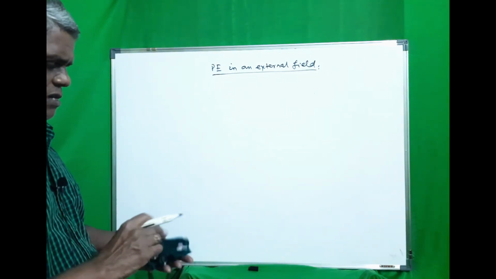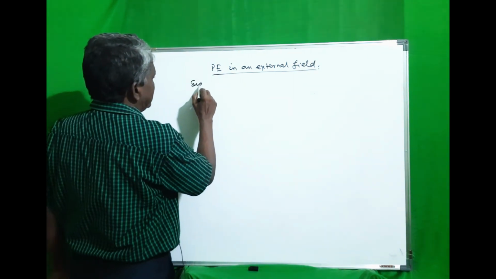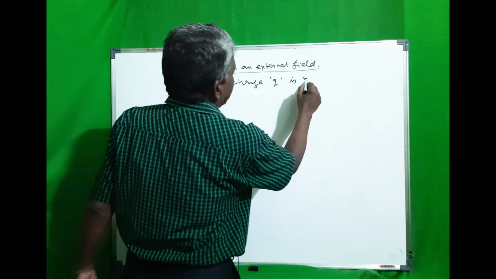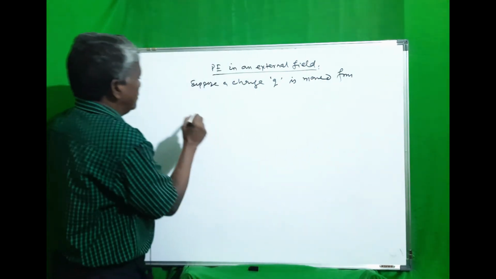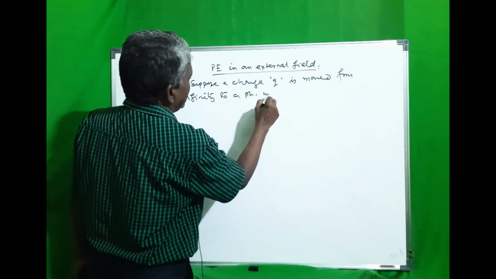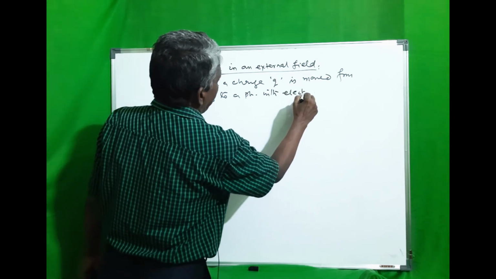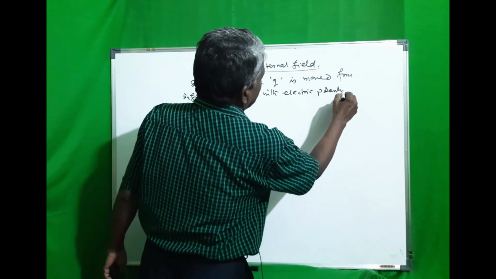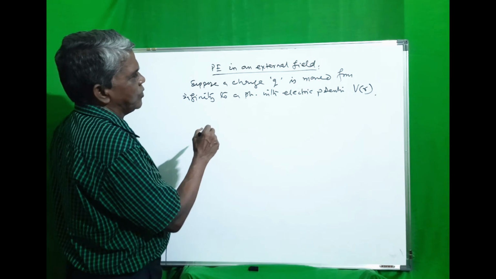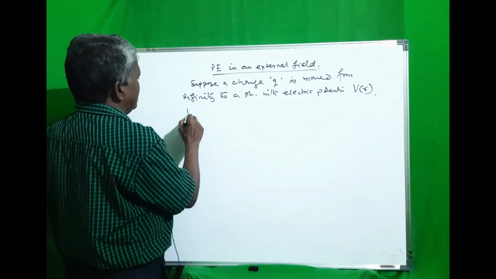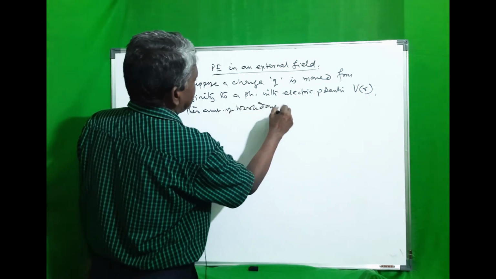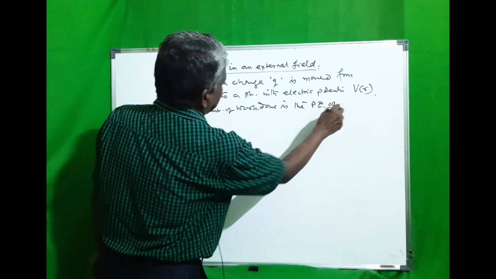Suppose a charge Q is moved from infinity to a point with electric potential V. Then the amount of work done is the potential energy of the moving charge.